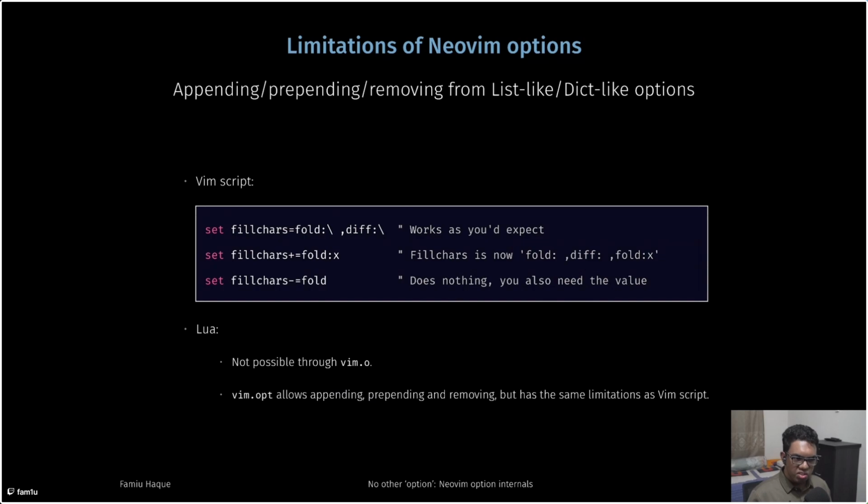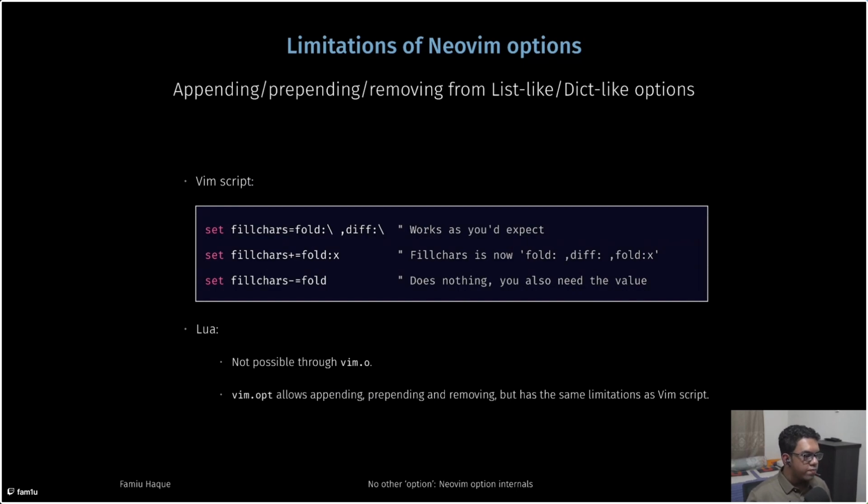It now sets fillchars to fold space, diff space, fold x. You can notice that fold is here twice. So instead of replacing the value, it added on top of it. And then when removing it, you can't even just remove it using the key. You need the value as well. You can already see why this is annoying.